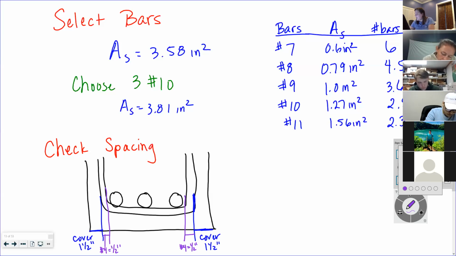And then here's where it gets weird for some people. We need this distance right here, which is the inside bend diameter.